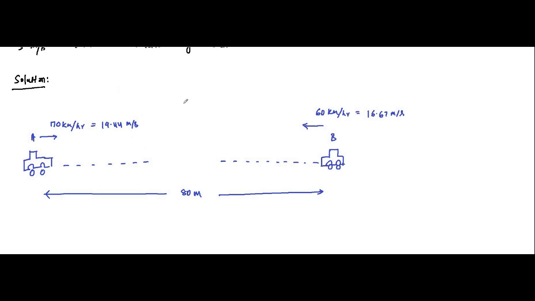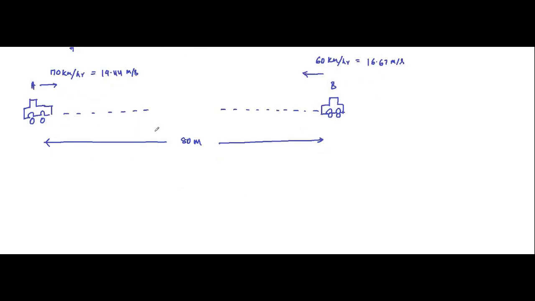Because of the application of brakes, both the cars got decelerated at the rate of minus 5 meter per second square. So we have to determine whether they avoided collision or not. So let us see.